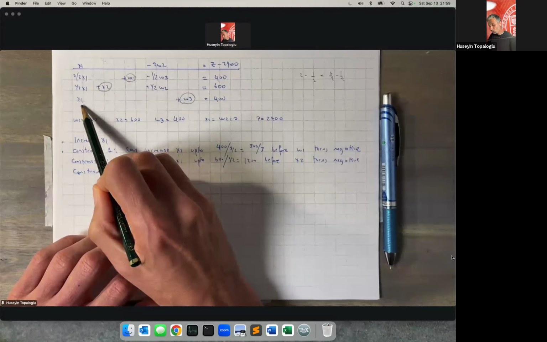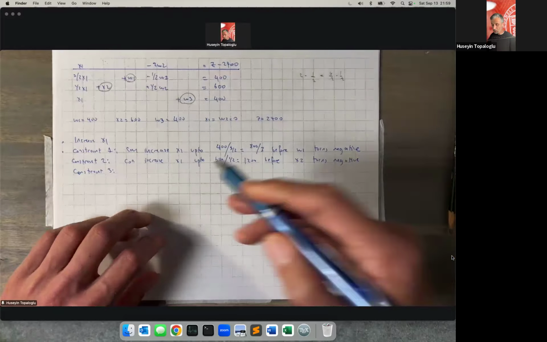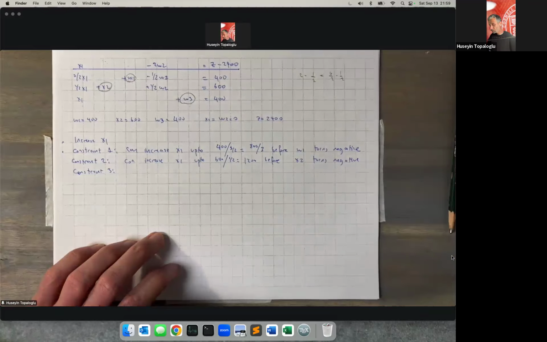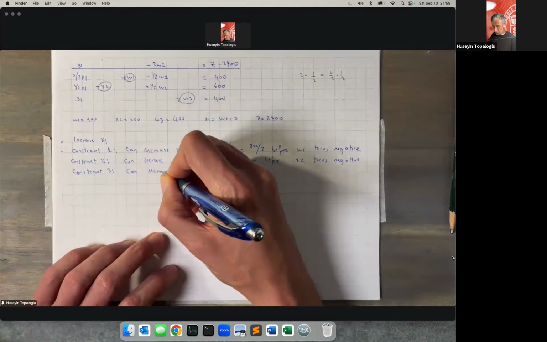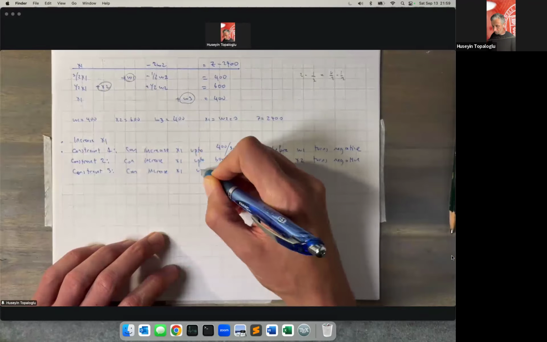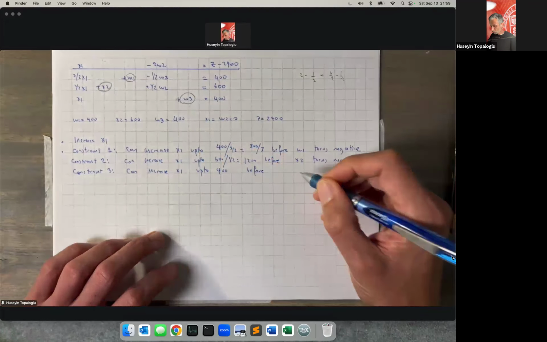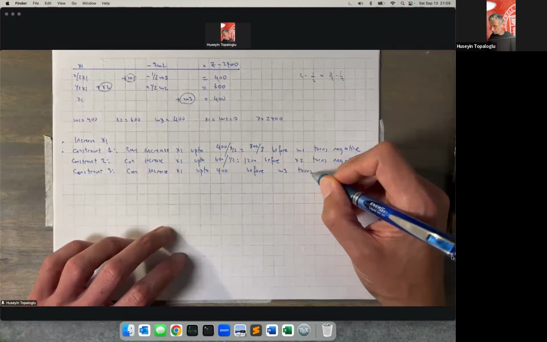But if I increase x1 to 401, W3 has to be negative 1, so that they add up to 400. So the largest x1 can go to before W3 turns negative is 400. The third constraint says we can increase x1 to 400 before W3 turns negative.